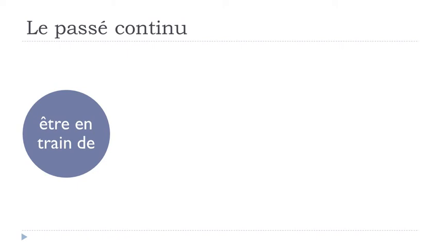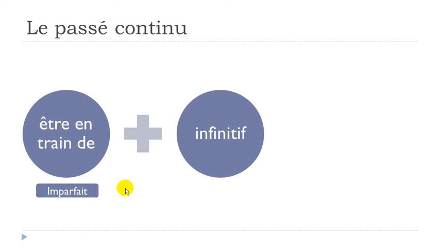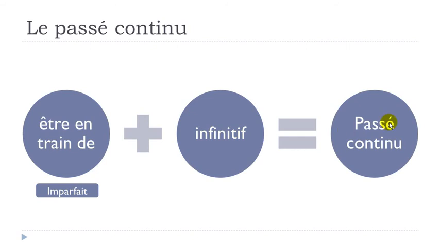But then, in that case, imparfait would be more appropriate, okay? So if you want to use this passé continu concept, then use être en train de, and you use this imparfait, okay? Then, same idea, you put your verb at the infinitive form, and you will get this passé continu.